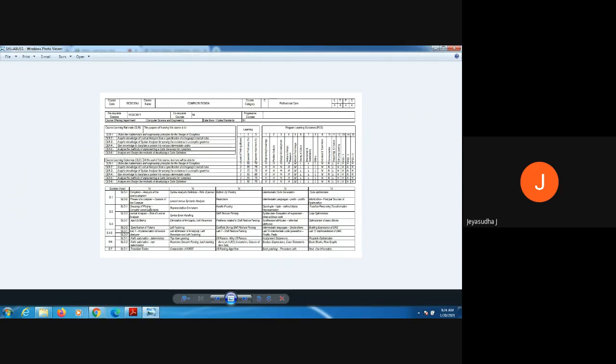One is phases of compiler. If you're not very comfortable with the problem, you can opt for the phases of compiler, or else you'll get the next part, which is about NFA, DFA, and regular expression. And in the second and third units, for sure you'll be getting only the problem.